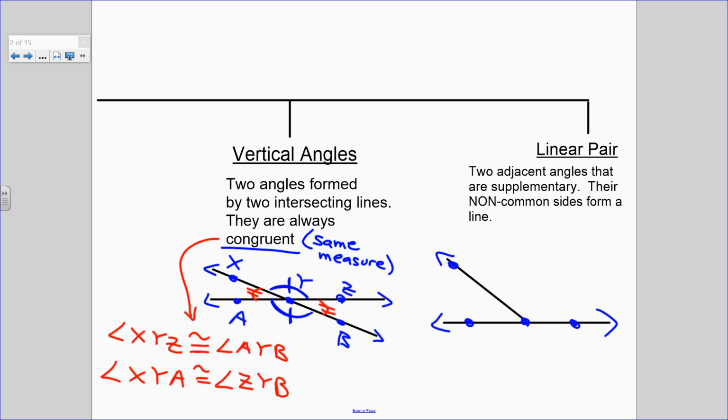So let's call this P, Q, R, and then S for now. I'm going to edit your picture to look like mine. We're going to write some statements regarding these linear pairs here.